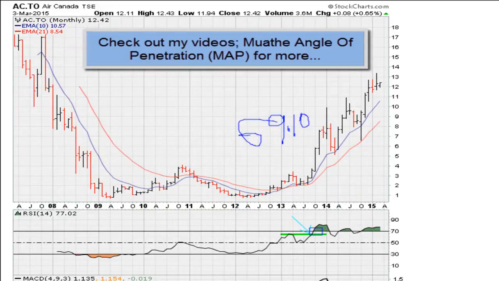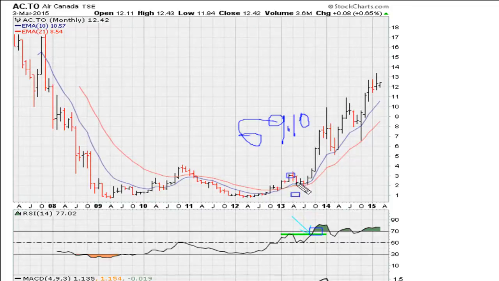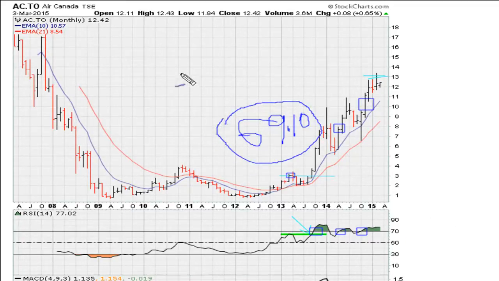But since that breakout, which corresponds with this price breakout past that monthly closing high, we've seen the stock move from $3 again to where it's trading here at about $13. And in this example, every subsequent move in the stock above 69.10 on the monthly has led to a spike in the stock. Even here, there was a spike in the stock. So we know that understanding what happens when stocks move above this threshold is very important.